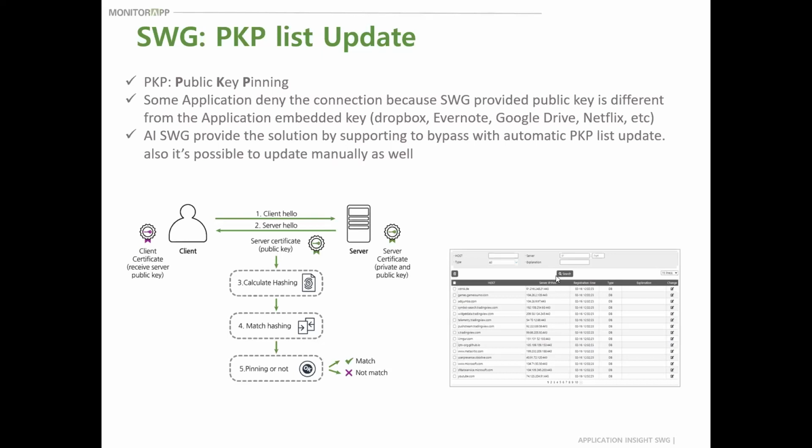For this, SWG needs to know in advance and bypass the PKP list domains. If not, users cannot use the application correctly. So SWG provides a solution to update the PKP listed domains automatically. Thus, you don't need to worry about updating it manually. This is possible by connecting with our own threat intelligence system.